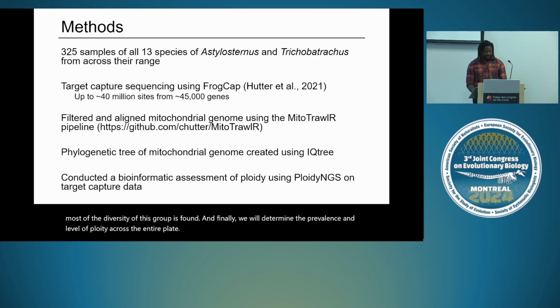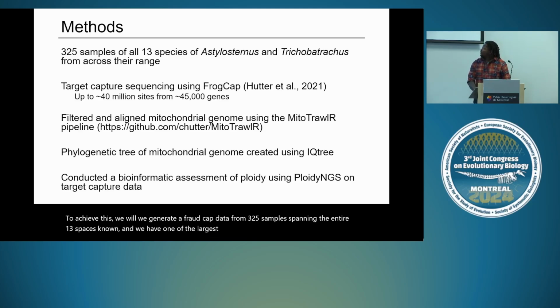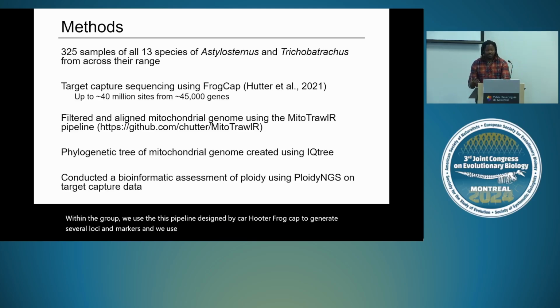To achieve this, we generated FrogCap data from 325 samples spanning the entire 13 species known, and we have one of the largest samplings within the group. We used this pipeline designed by Carl Hutter, FrogCap, to generate several loci and markers, and we use the MitoTrol-R pipeline to extract the mitochondrial genome because we're still processing the data as of now.